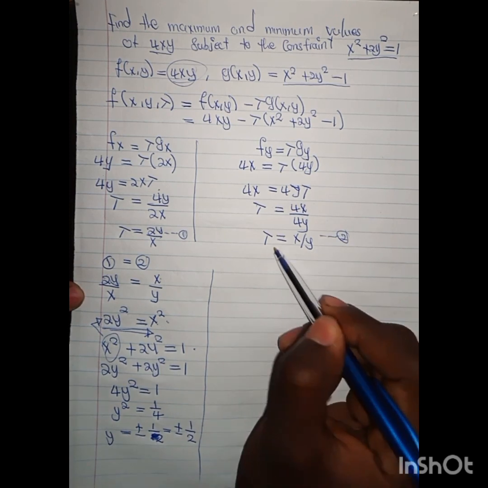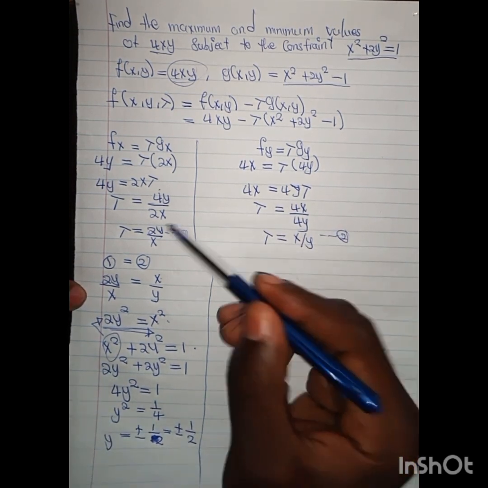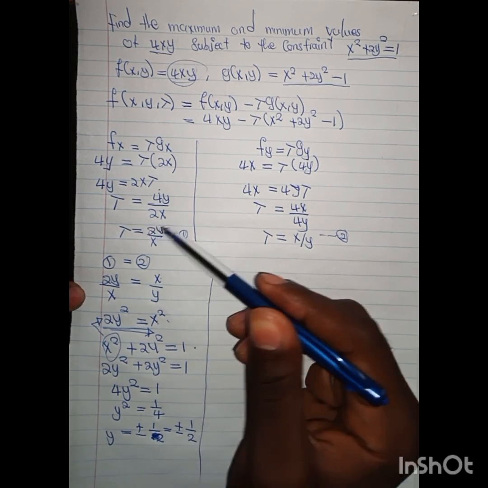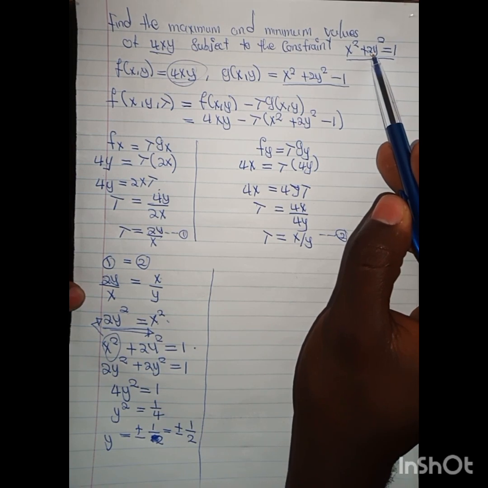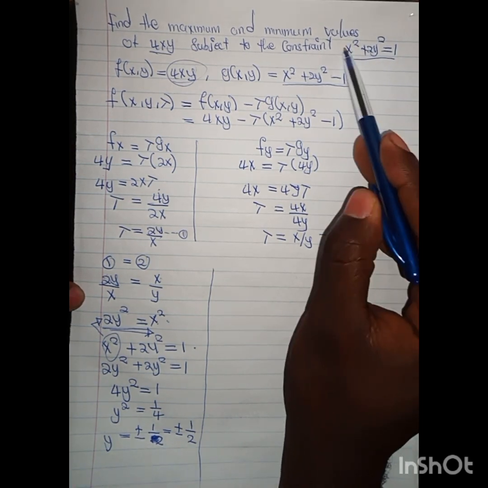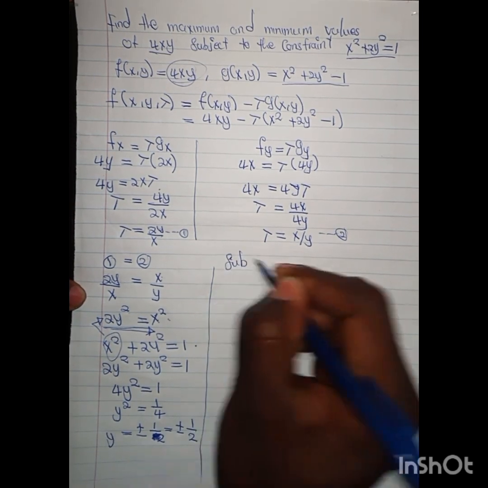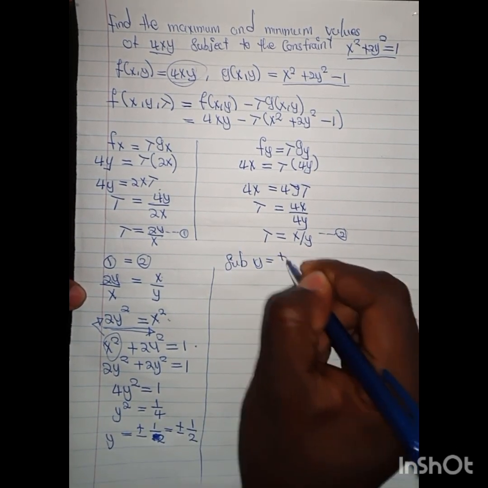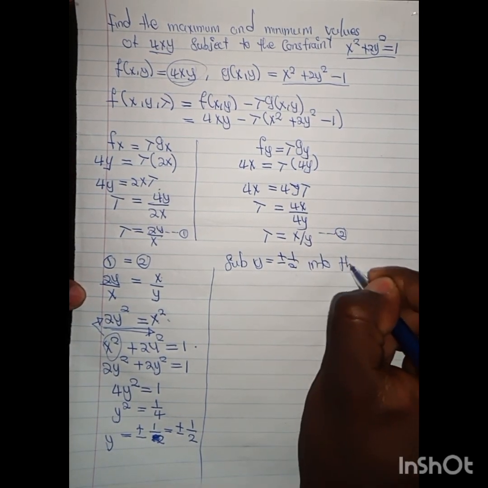Alright, when we check this one it will take us long because we will have two unknowns. Also this one will have two unknowns. Okay, but let us look at our constraint. If we know the value of y, it means from the constraint we can find the value of x. Then we are going to sub y equals plus or minus half into the constraint.